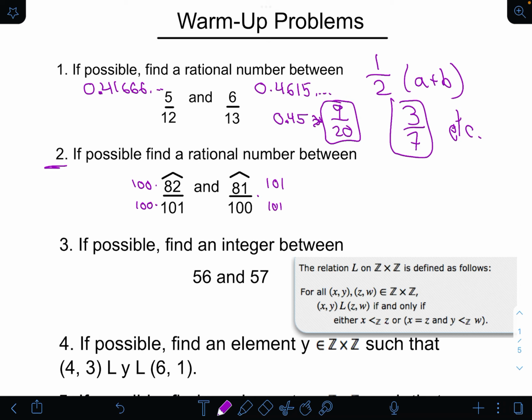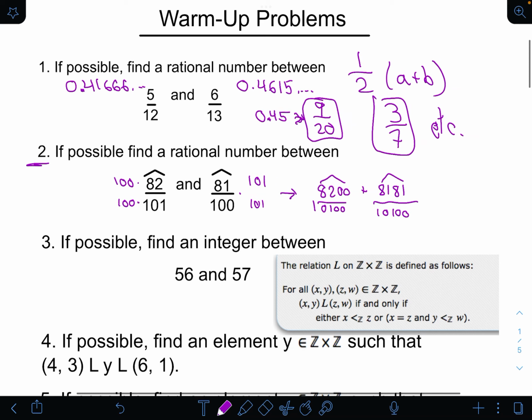If I do that, I'm going to get something along the lines of, let's see, what's the first one there? It looks like -8,200, and then I'd have -8181. And both of these are all over 10,100.